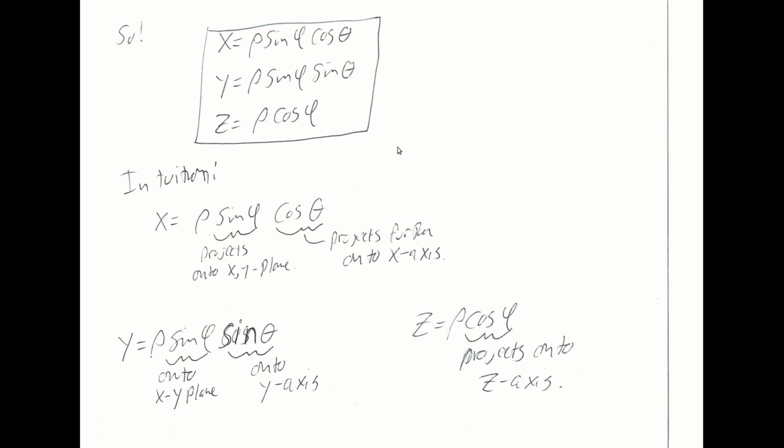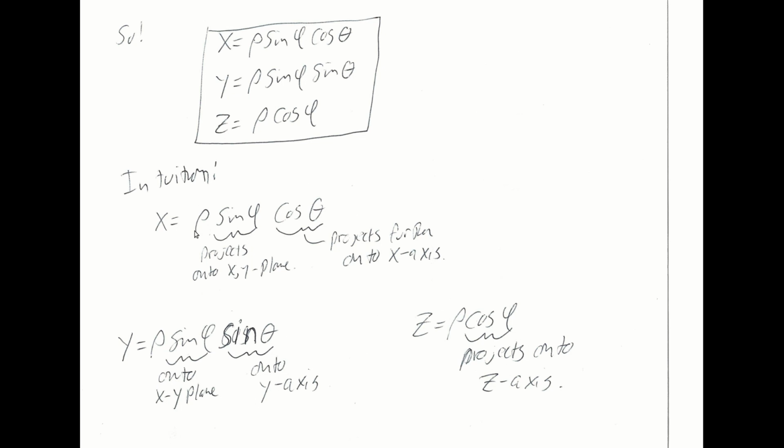You obviously have references while you're taking exams now, but I do want us to think about the intuition behind these a bit. So you're starting with a point that's a distance rho from the origin. When we take sine of phi and multiply that by rho, that's projecting us down into the xy plane. If you remember, rho sine of phi was our r.